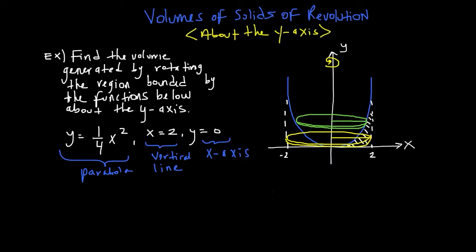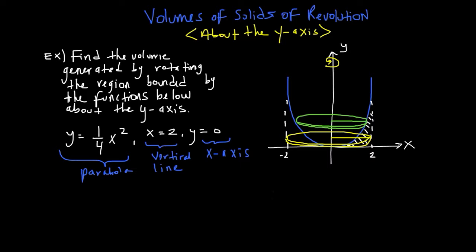And remember that this left-hand side was not part of the original region. That's why I am not drawing the radii toward that side. Instead, from the axis of revolution to the actual function, where the region was first bounded.